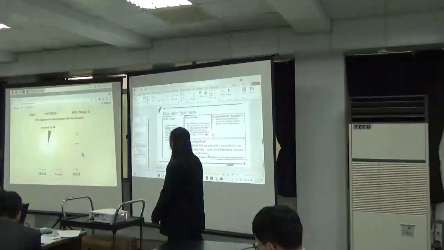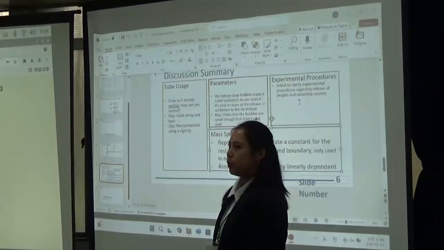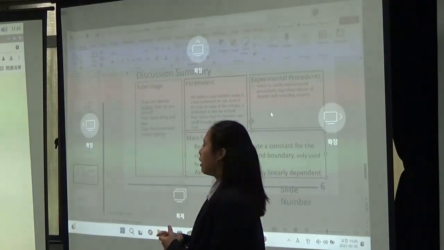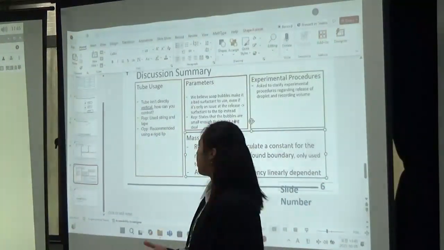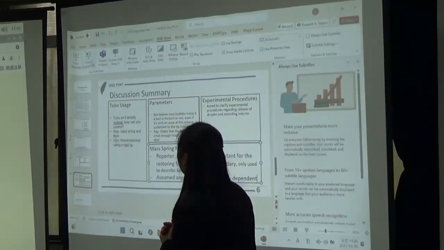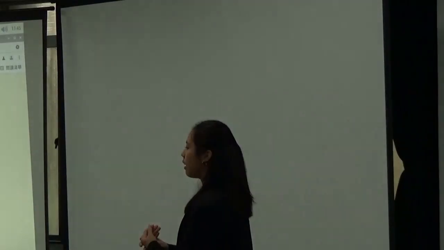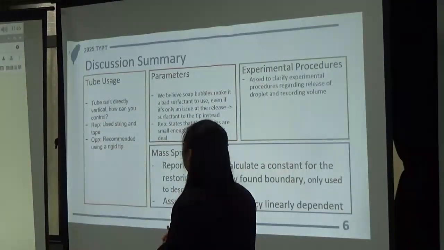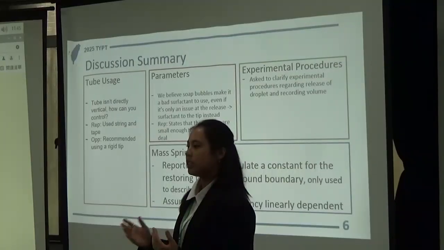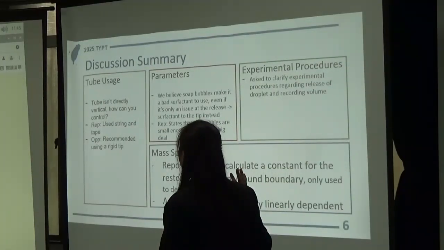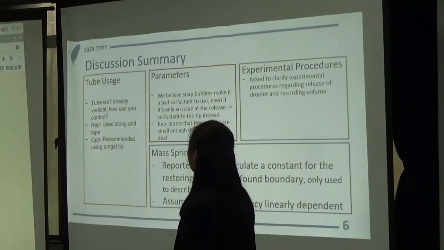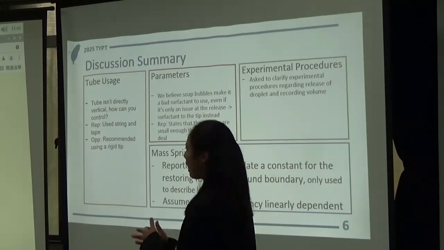So to summarize the discussion, we discussed the tube usage. First of all, the tube isn't directly vertical, and therefore you can't control it. And then the reporter said they used a string and a tape, and that's their explanation. And then I recommended using a rigid tip or a siphon. And then we also discussed the parameters, and that the release of soap bubbles makes it bad to use.